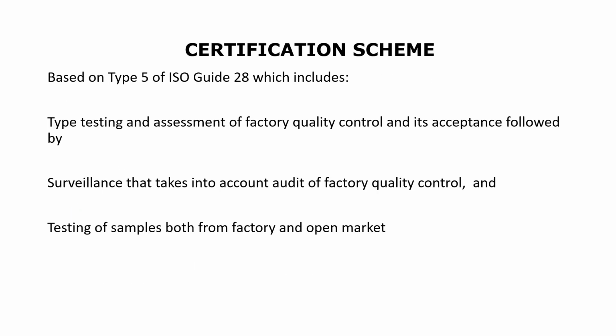So based on the type 5 of ISO guide 28, which deals with the certification scheme, type testing and assessment of factory quality control and its acceptance is followed by surveillance that takes into account the audit of factory quality control and testing of samples both from factory and open market.